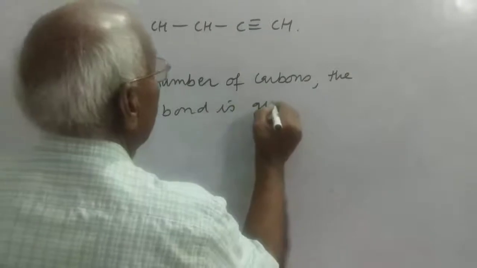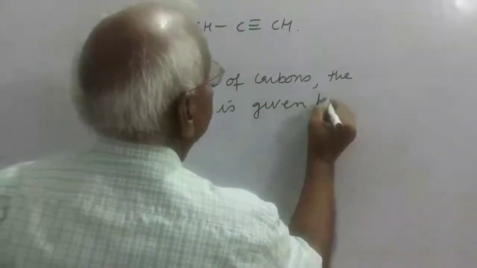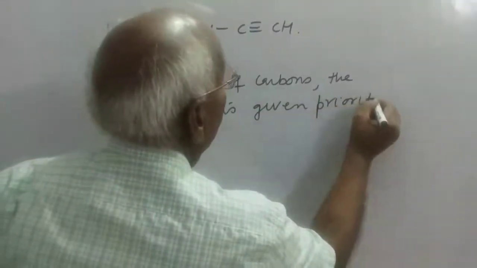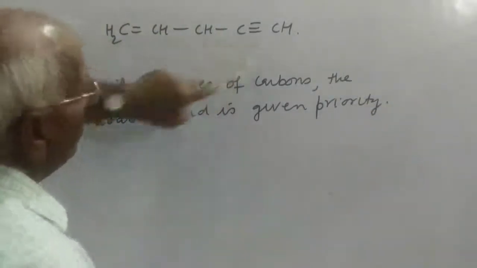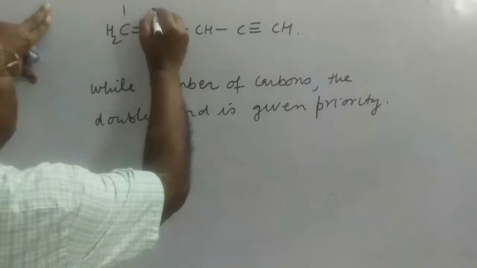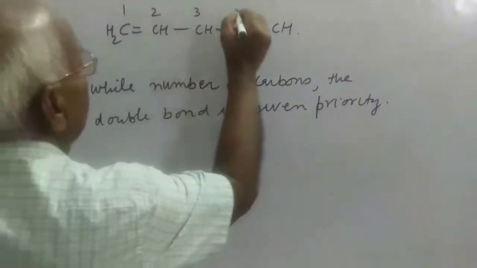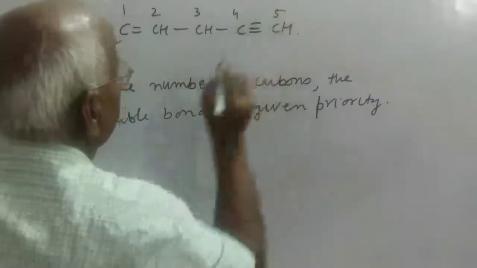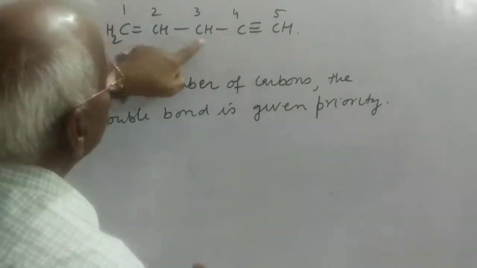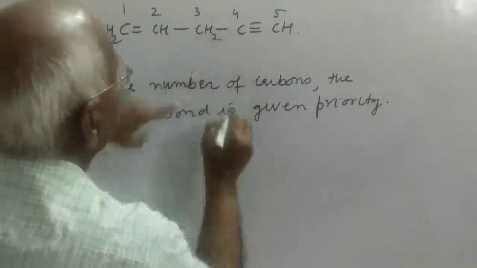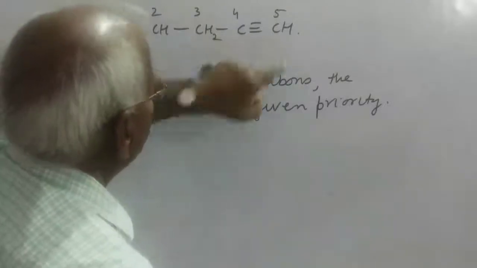The double bond is given priority. So numbering starts from this side, not from this side. So it is 1, 2, 3, 4, 5.